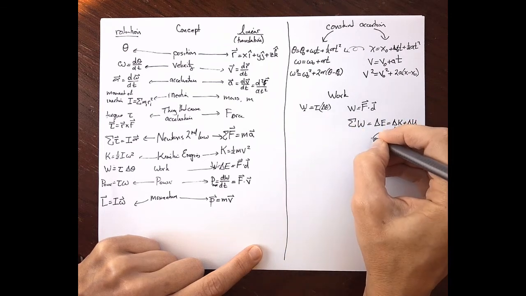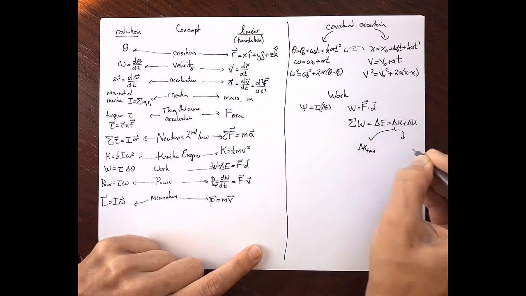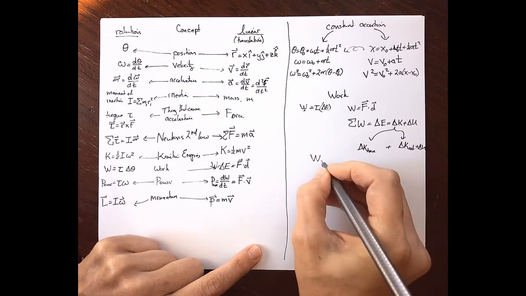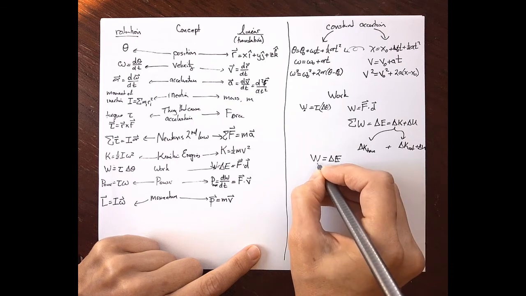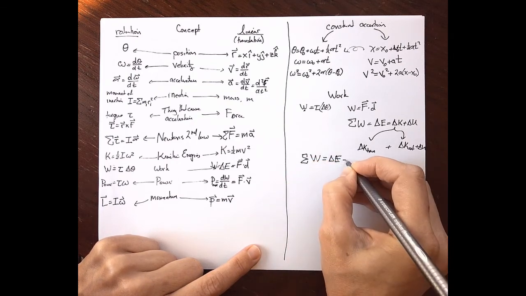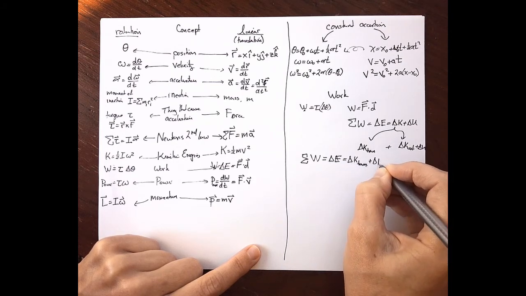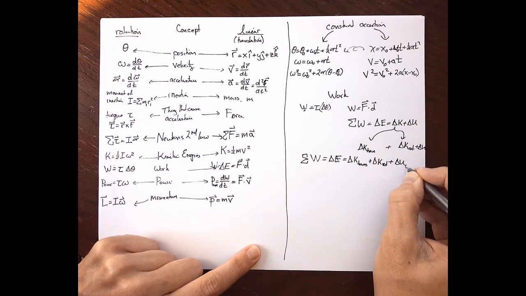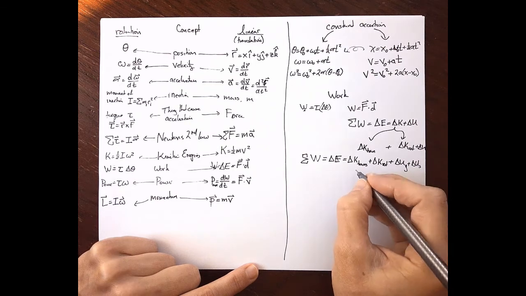We can just use the kinetic energy, which splits into the change in translational kinetic energy and the change in rotational kinetic energy. So here, we can just say the total work, so we've got to sum up all of the works, is equal to the change in the translational kinetic energy plus the change in the rotational kinetic energy plus the change in the potential. And of course that could be gravity and that could be spring.